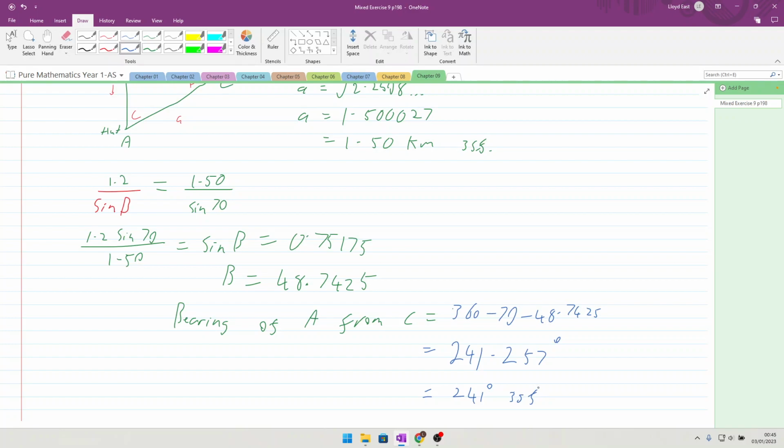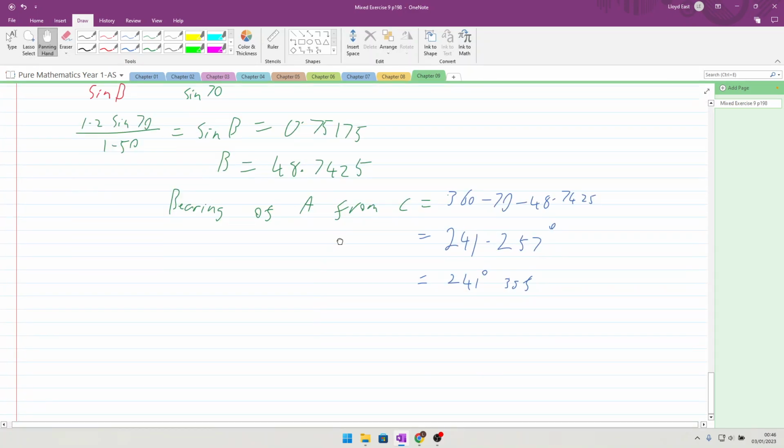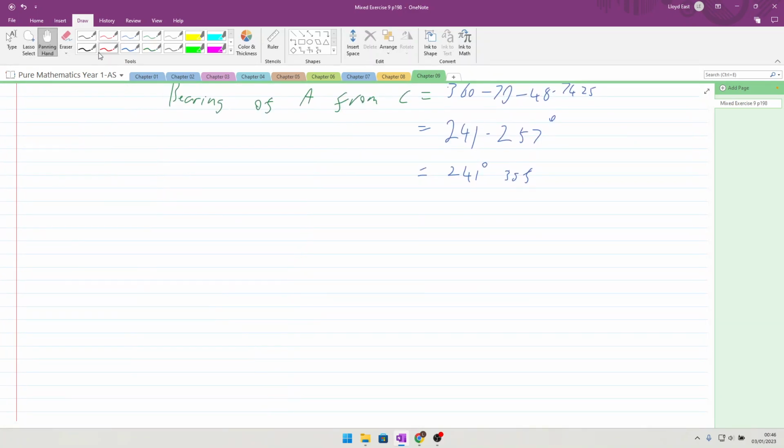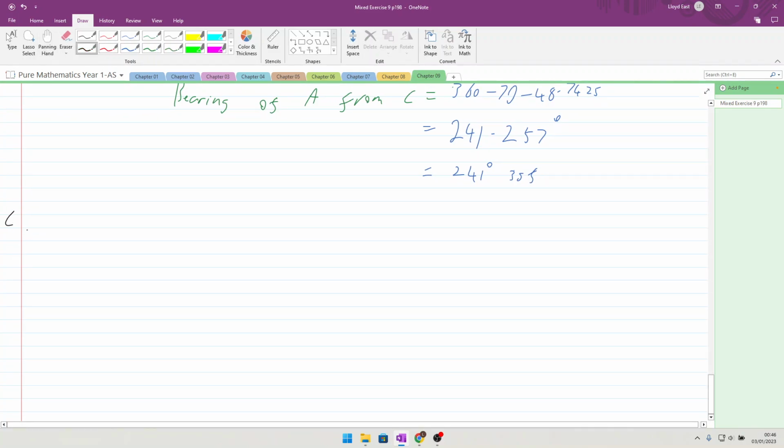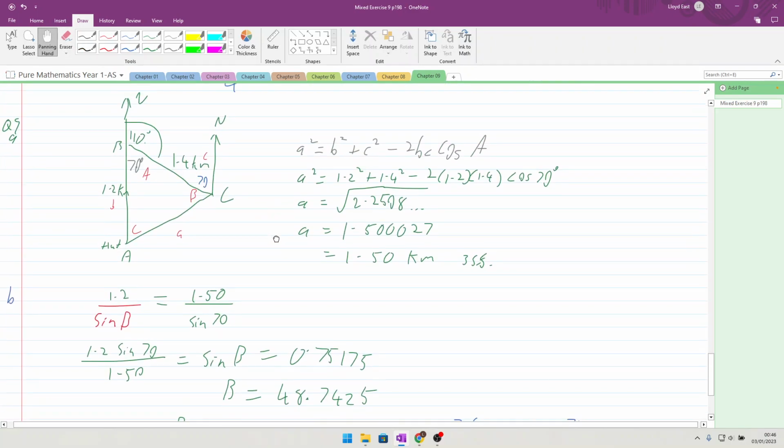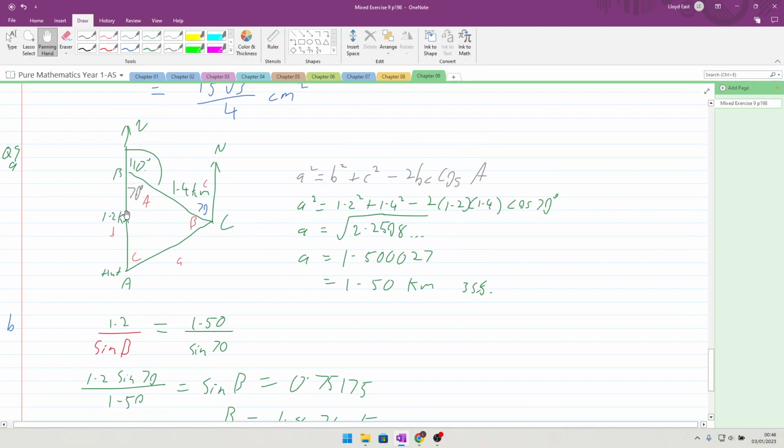And finally, for part C of this question, we need to look at, what's part C? Part C, work out the area enclosed by the walk. A half AB sine C, I think we will use for that.